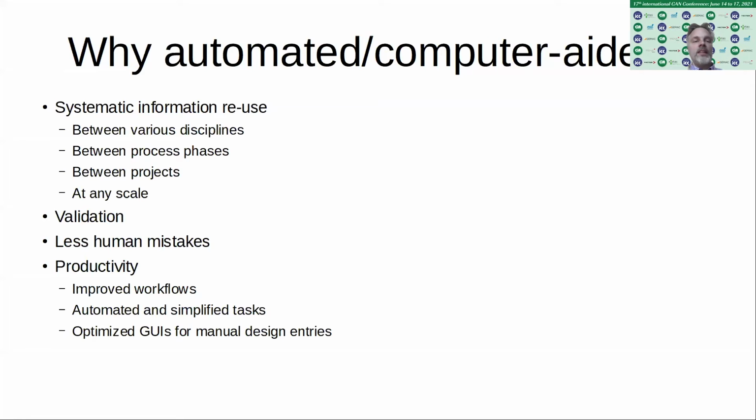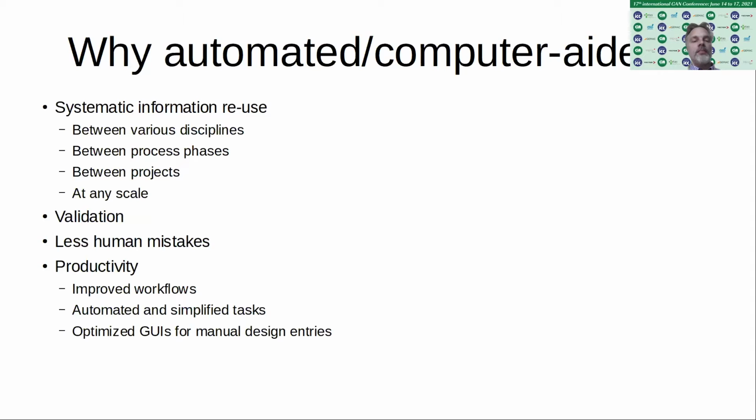And of course, validation is important, so that we should be somehow able to validate that certain design phases have been completed and error checks and so on shall be done. And what is also important is to reduce human mistakes. That's why design automation or computer aids for designs are quite welcome.